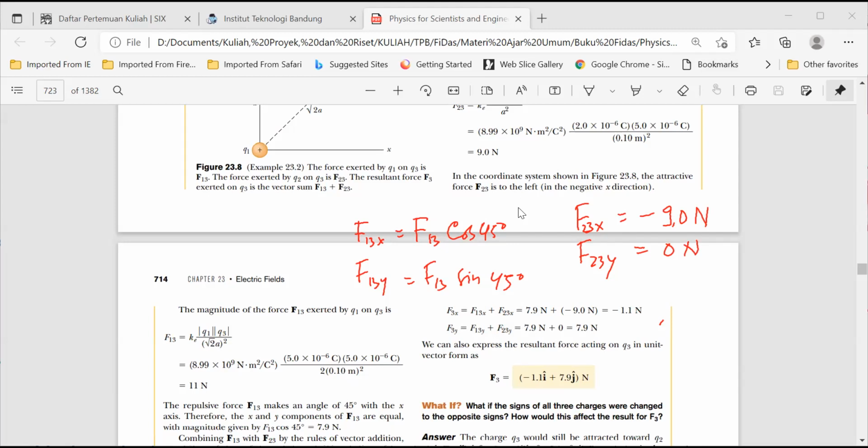And this x component of the resultant F3 is minus, so the direction should be to the left.